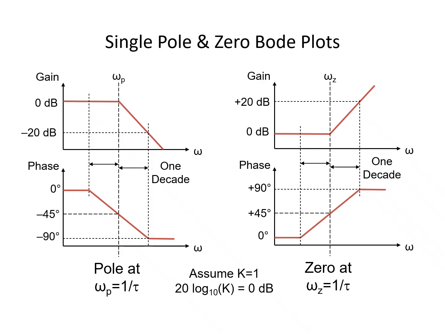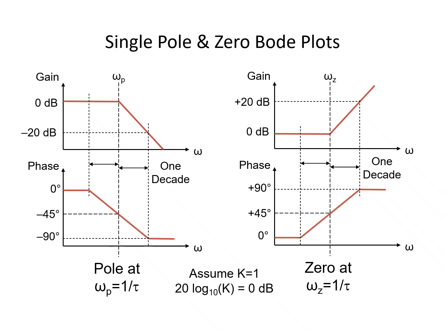Assume K is equal to 1, meaning 20 log10 K is equal to 0 dB, and this part is 0 at omega z equal to 1/2.